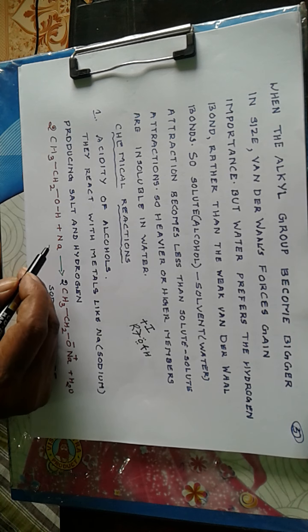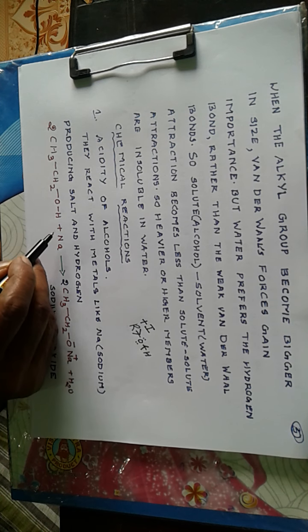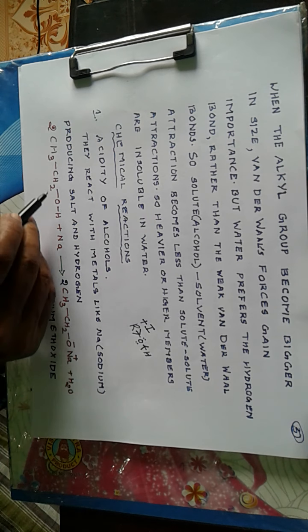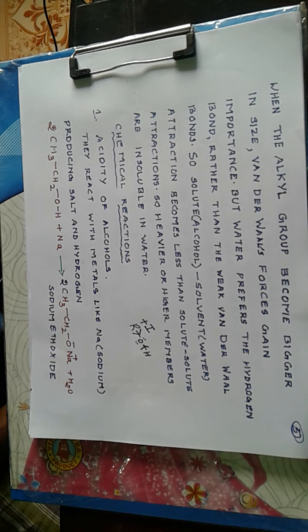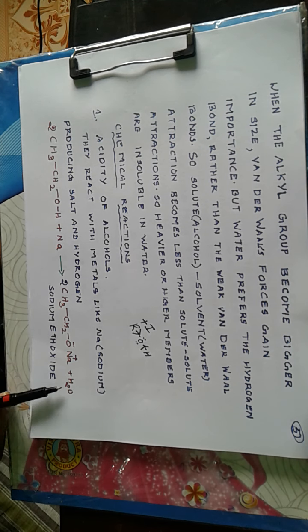And one acidic reaction of alcohol is the reaction between sodium and ethyl alcohol shown here. Now metal and acid can react to form salt and hydrogen.